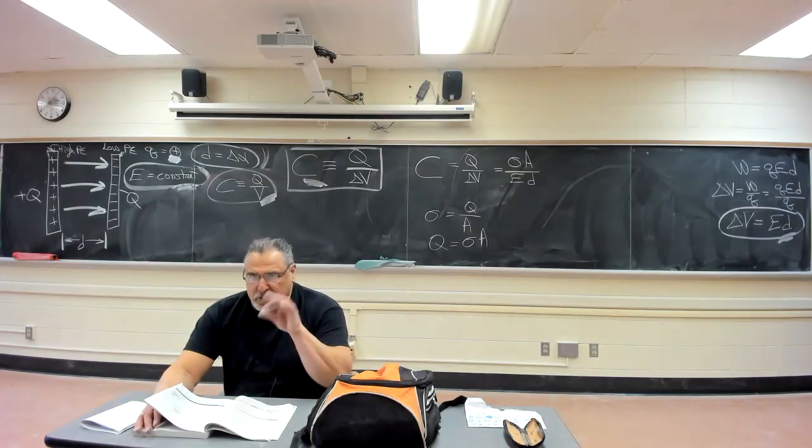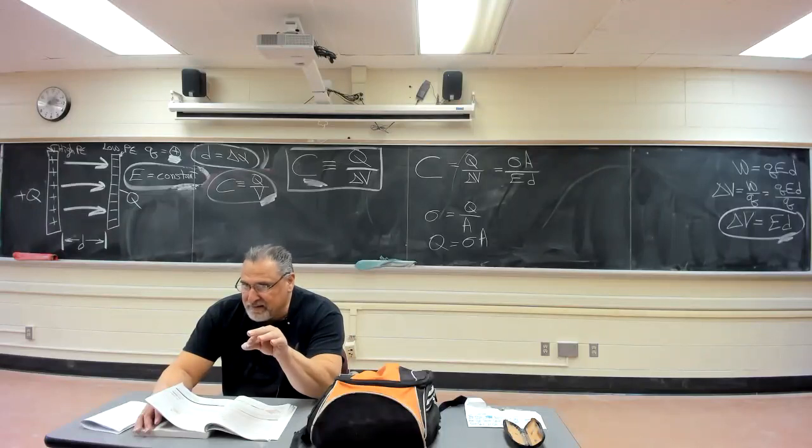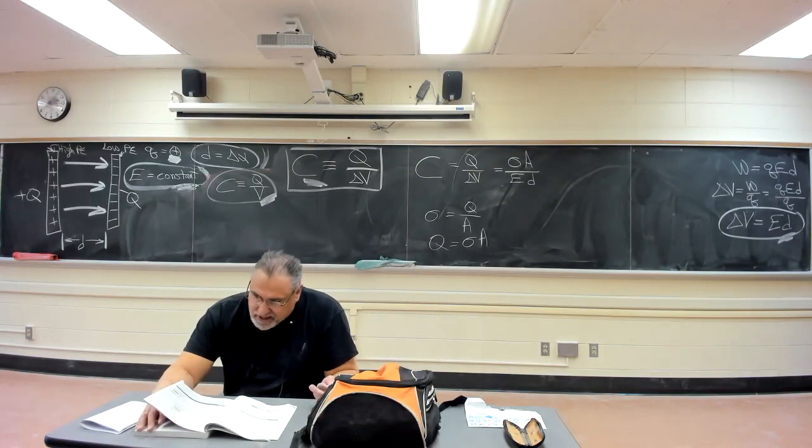The E field associated with each one of those plates is sigma over 2 epsilon naught. So together, and they say it on page 519 really well, an important circuit element that we study extensively in the next topic is the parallel plate capacitor.